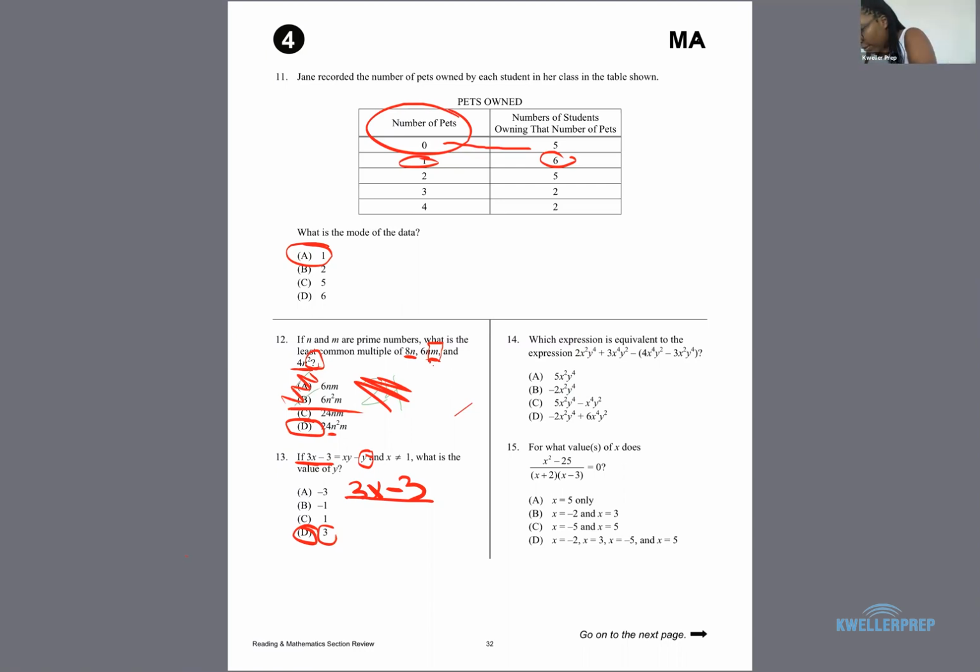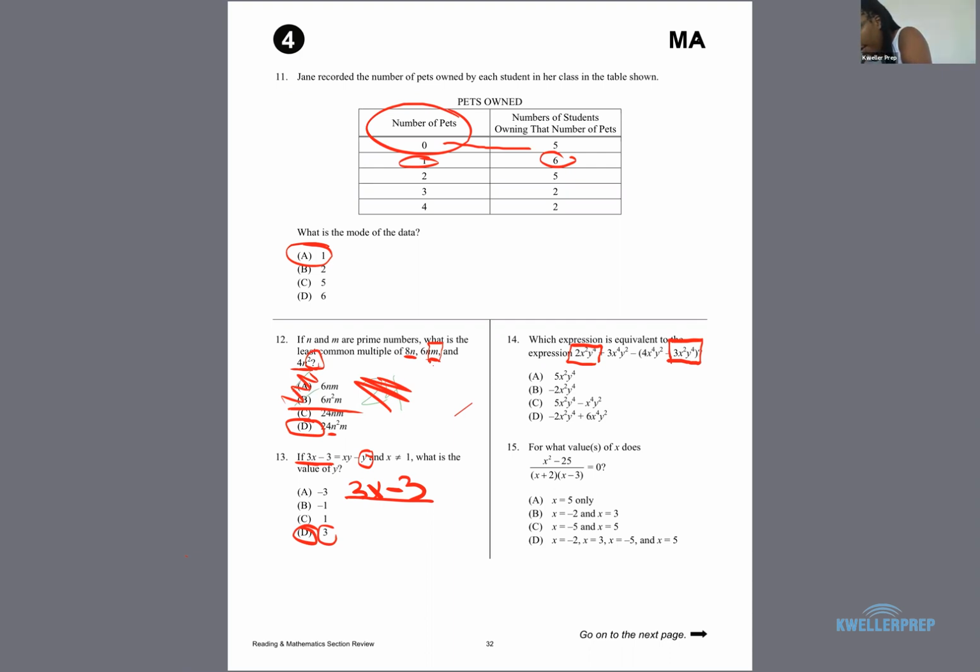So x squared y to the fourth, you have 2x squared y to the fourth right here. Now we have to find the other part in the equation that has x squared y to the fourth. This part, 3x squared y to the fourth, has the same exponent, so we can add and subtract these two.